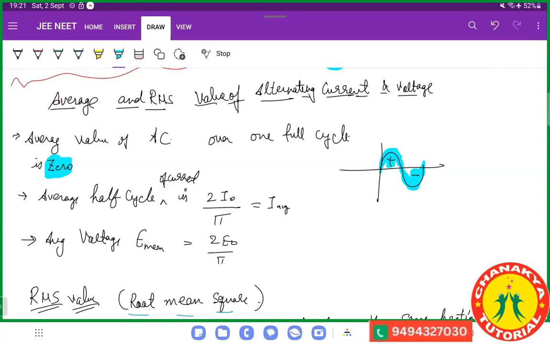But average of half cycle is 2I naught by pi. Like pi by 2.